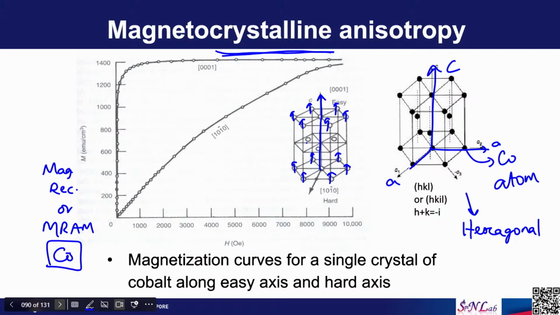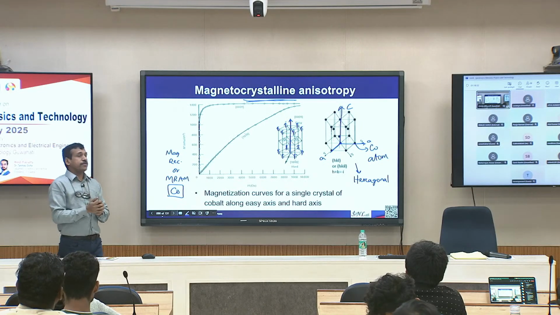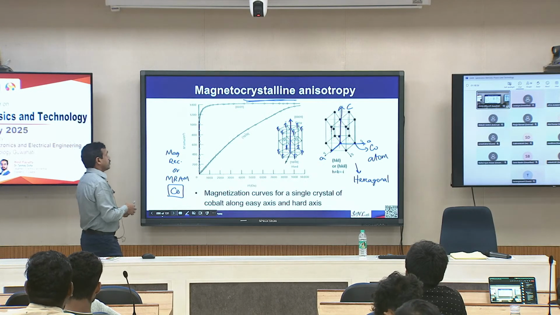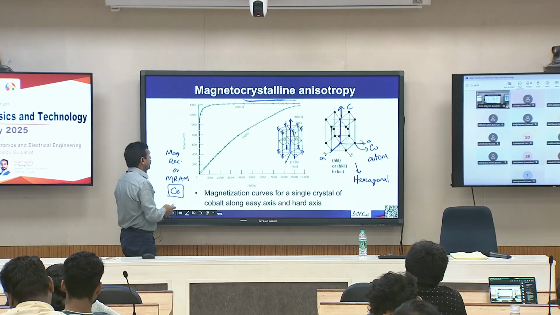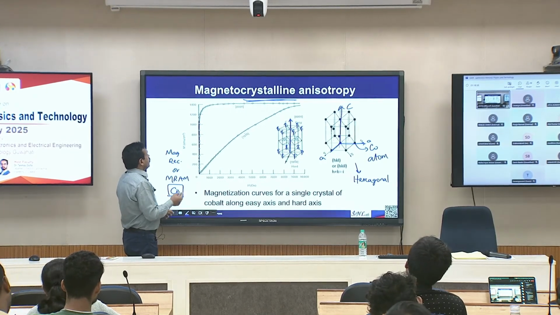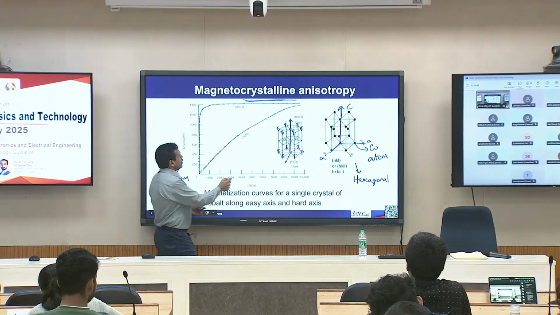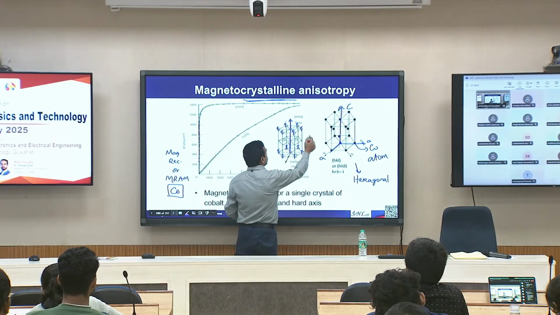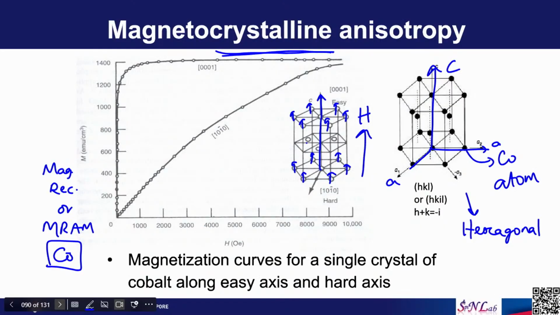So, when you have a bulk cobalt, a single crystal cobalt, then you apply a magnetic field along this direction. Let us say now we apply magnetic field along this direction and measure the magnetic property of cobalt along this direction 0 0 0 1.